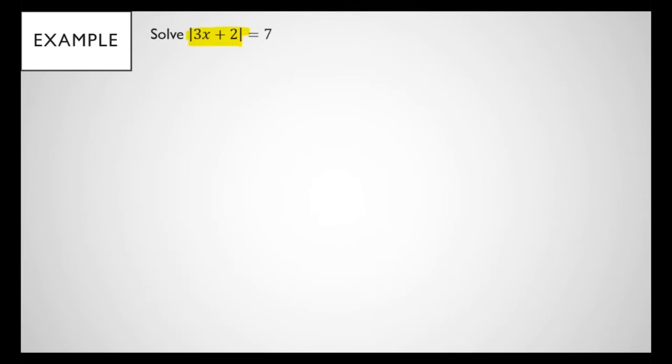And again, I'm going to color code so that you can follow the same sort of pattern. So I've got my absolute value by itself, so I'm writing two equations. One with the inside, 3x plus 2 equals the outside. So we have 3x plus 2 equals 7.